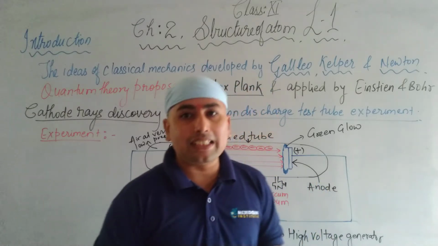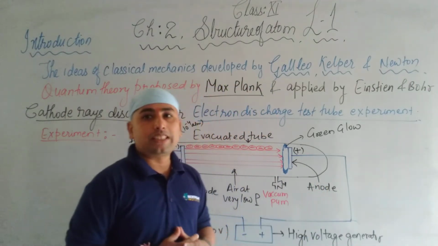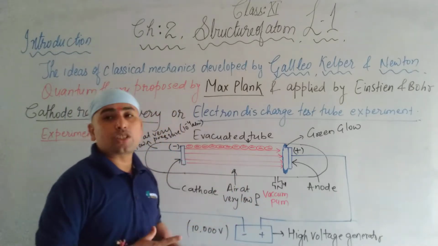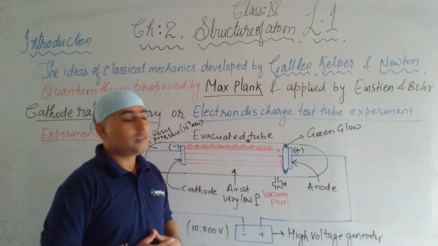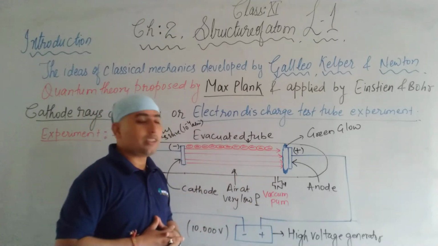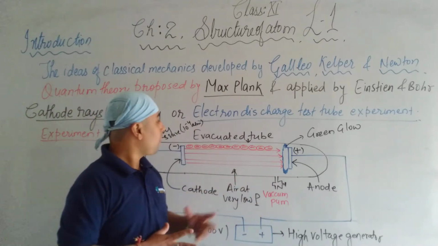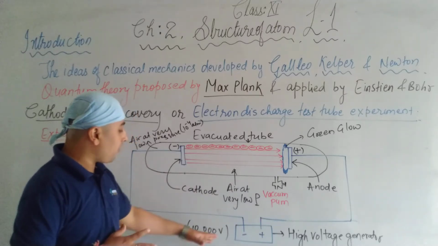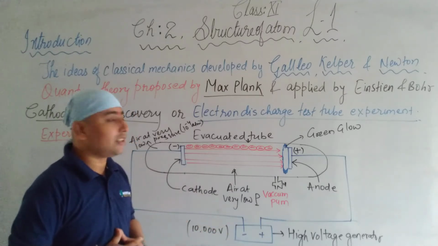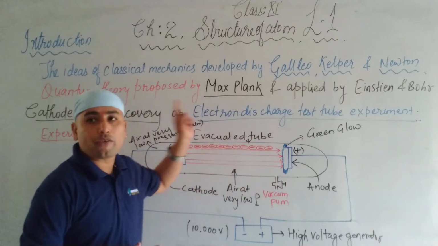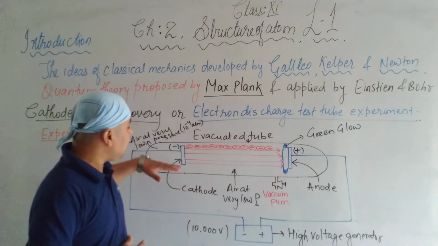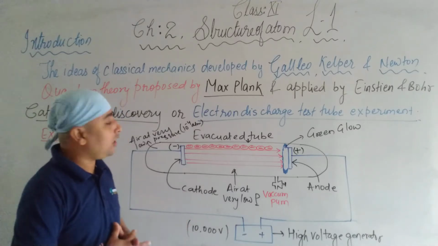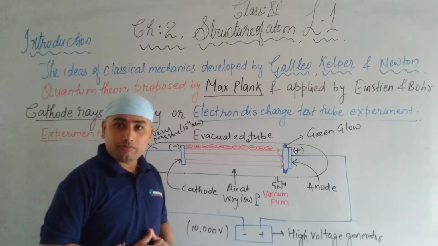As he passed the 10,000 volt current through this evacuated test tube, he maintained the vacuum with a pump. As the high voltage of the generator passed the electric current in this discharge test tube, he saw that from the cathode one ray was developed and it was moving towards the anode.